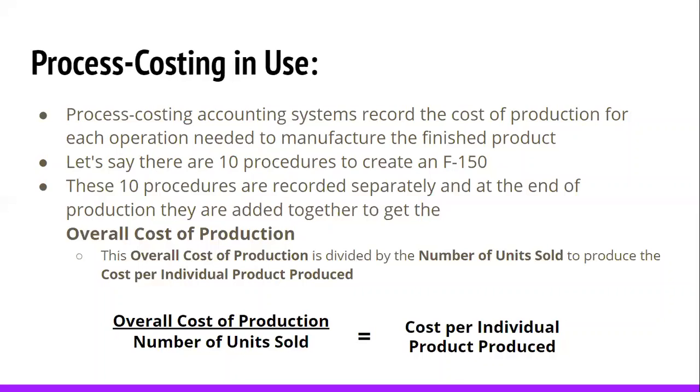This overall cost of production would then be divided by the number of units produced to get the cost per individual product. So our formula gives us the cost for each individual unit produced in mass quantity. On an assembly line producing a bunch of F-150s, we can find the cost per each one of those F-150s.